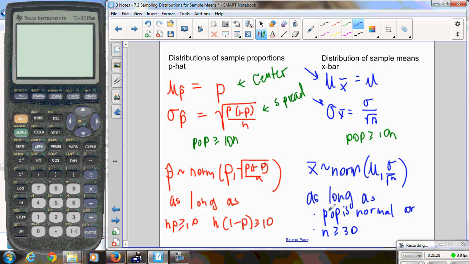Other times, if it's a free response question on the AP exam and there's like 5 parts to it, and the very first question is asking basically what the distribution is for X bar or P hat, you might want to just go ahead and say, if we assume the population is normal, then we can use the sampling distribution for X bar and say that X bar is distributed normally, and then continue with the problem.